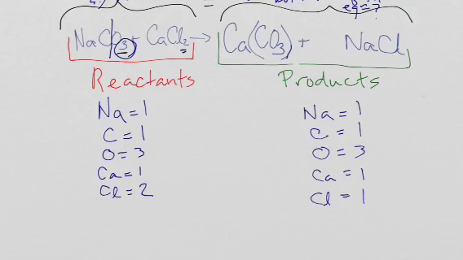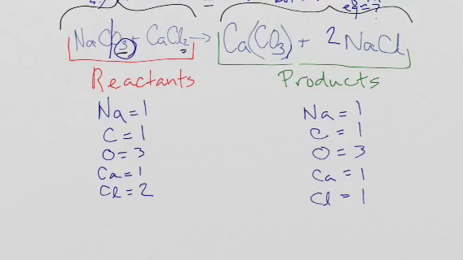So if I look at this, if I have 1 Cl here, but I need 2 on the other side, I can't just add a little number 2 here. I'm not allowed. So what is one thing I can do? I can add a big number 2 over here.